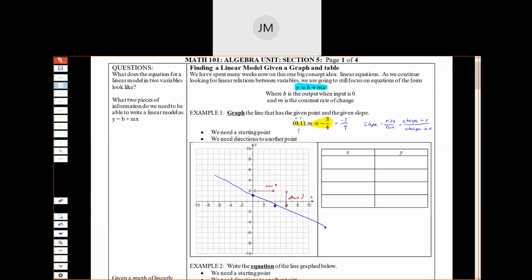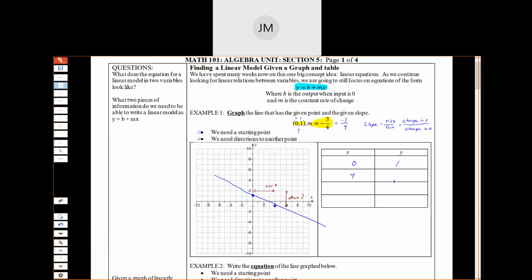All right. So the two pieces of information that we need are a starting point, and directions to another point, and we can use our slope to do that. It can show us where the next point is. We had one x value 0 with a y value of 1, and if I go over 4, I'll be at an x value of 4.